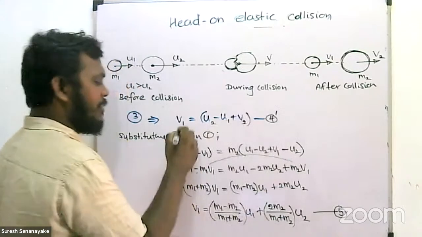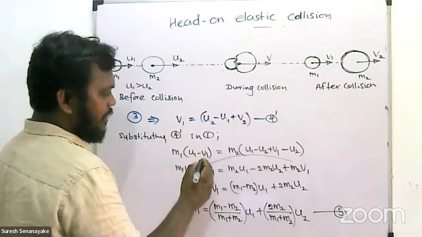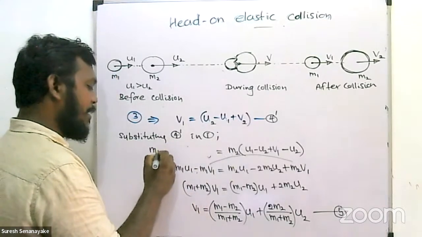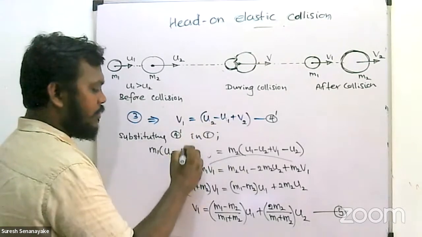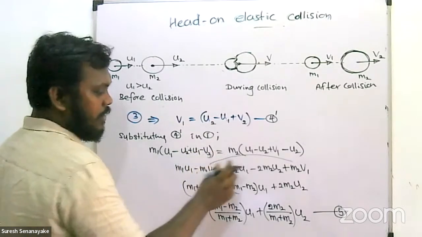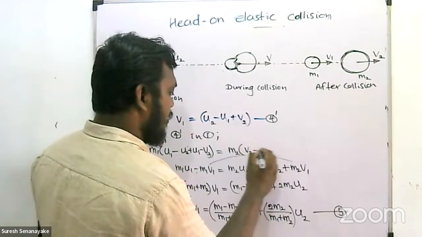Substitute this here. V1 substituted here. That's M1, I'll write it again after erasing. M1 minus, instead of V1 you can write this U2 plus U1 minus V2, and this side this is V2 minus U2.